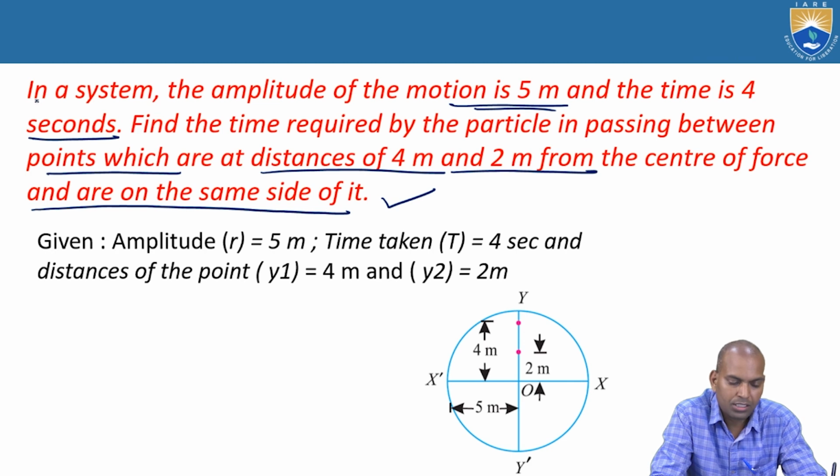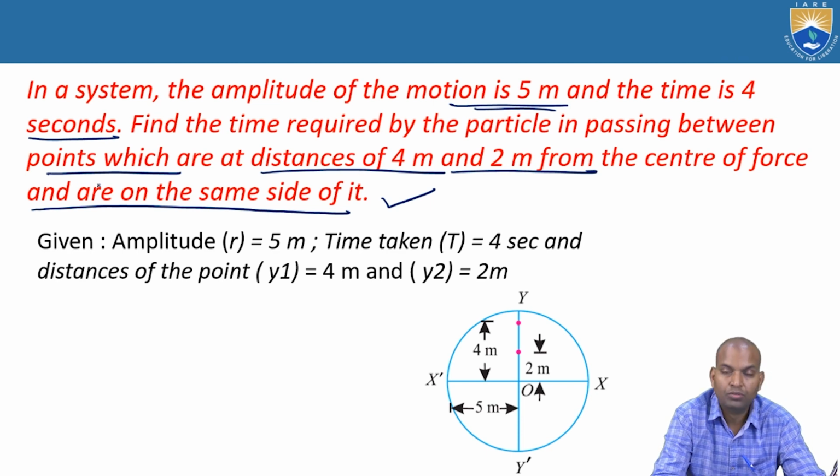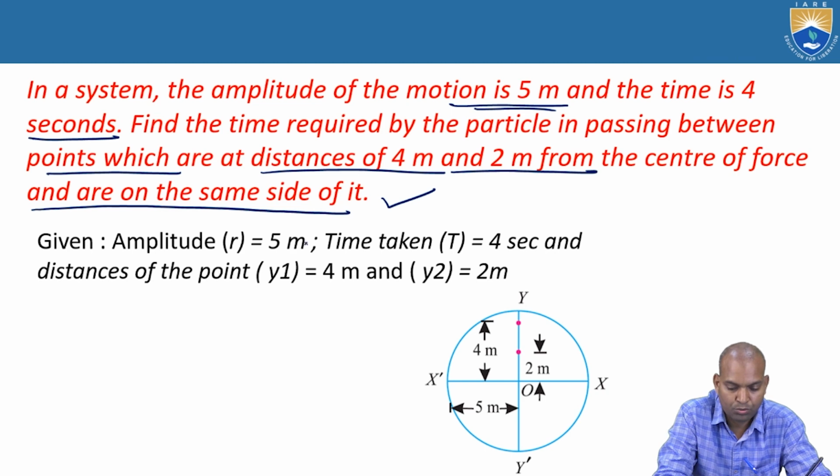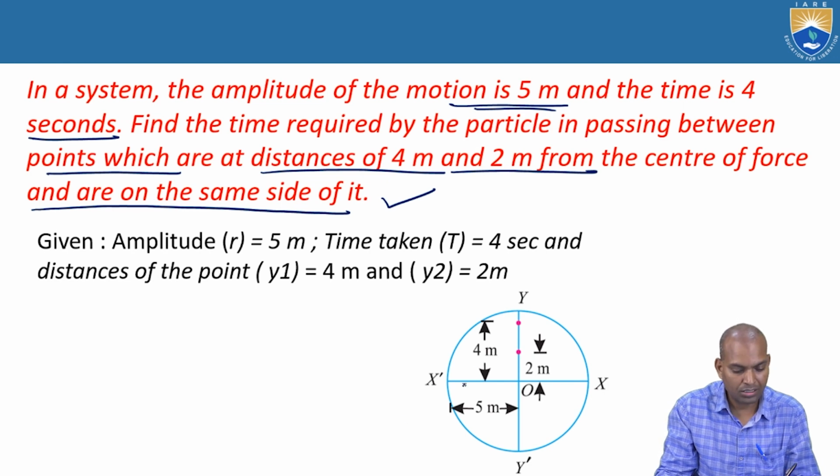Here the amplitude r is 5 meters, the time is 4 seconds, and the distances are y1 and y2, 4 meters and 2 meters, on the same side of the center of force.